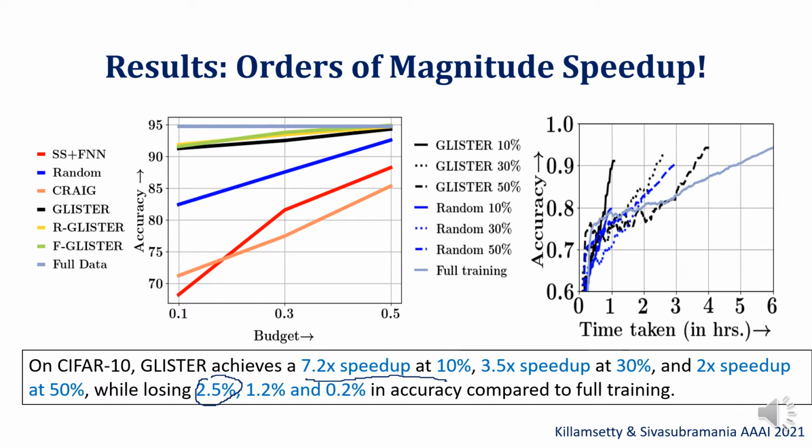So obviously with decreasing speed up and increasing data set, we do find that the accuracy gap decreases, but the accuracy gap even with just 10% data set, with which we get 7.2x speed up, isn't really that high. It's just 2.5% for CIFAR-10.